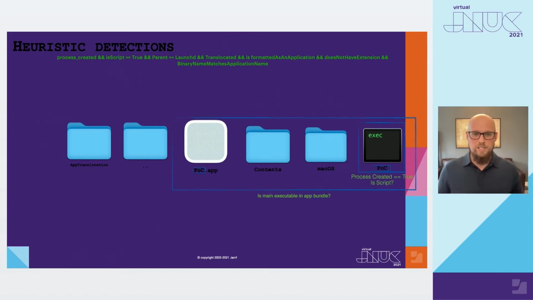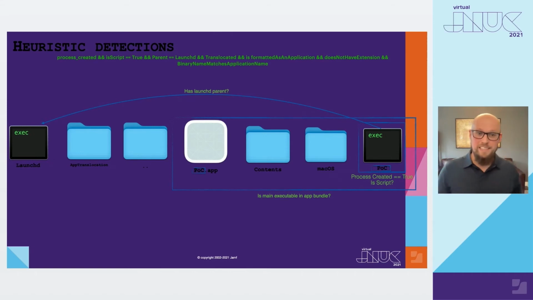Sure enough, we check that, and we can confirm this in a number of different ways. An easy way is to look at the path from which the executable was run. If its path contains Contents/MacOS, and the parent folder of that is some type of .app, we've pretty much confirmed that.